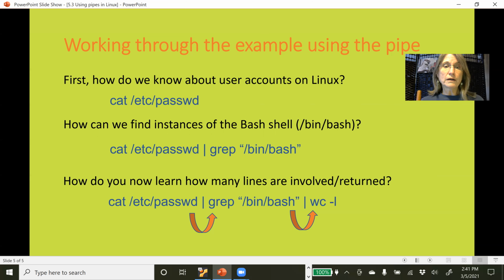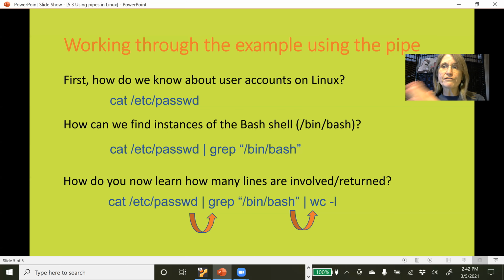The pipe allows us to take the output of the cat command that displayed to our screen the entire contents of /etc/passwd, and now look through that, scan using the grep tool for the character string /bin/bash.